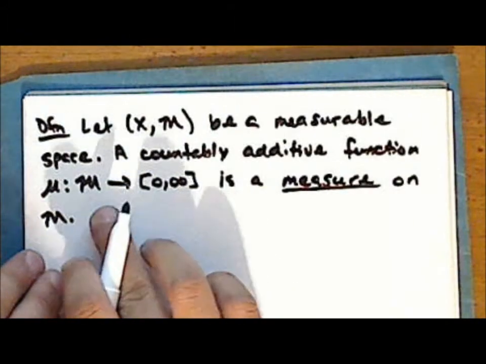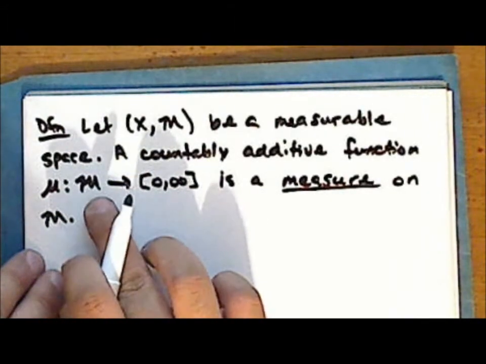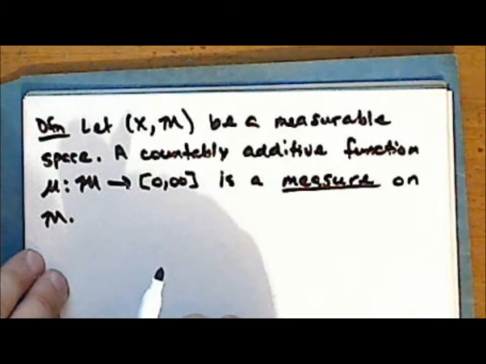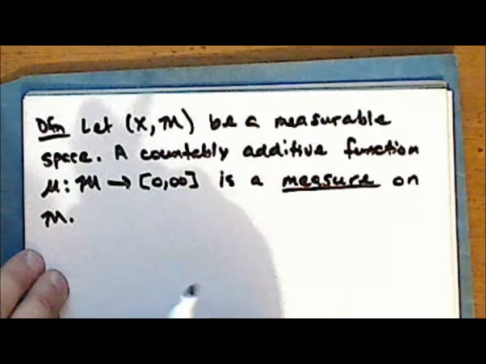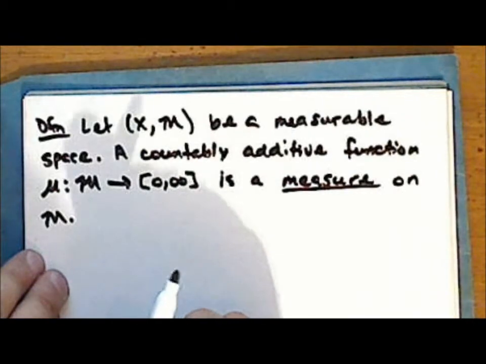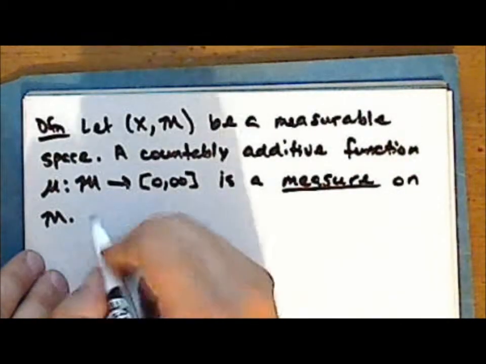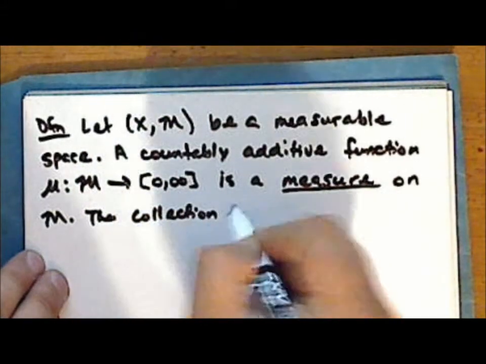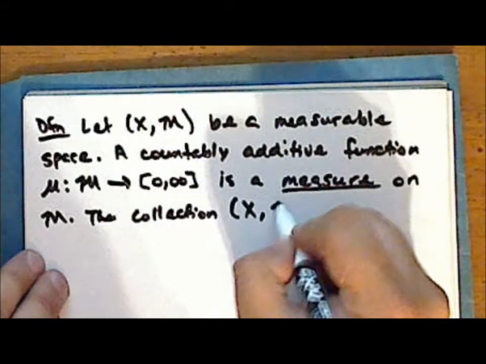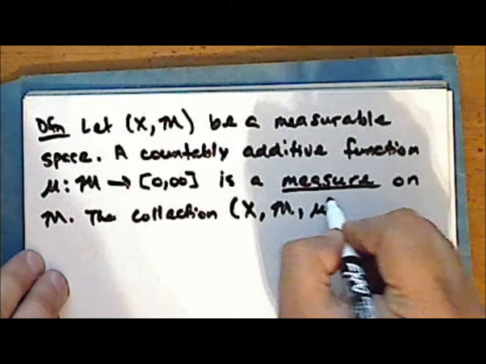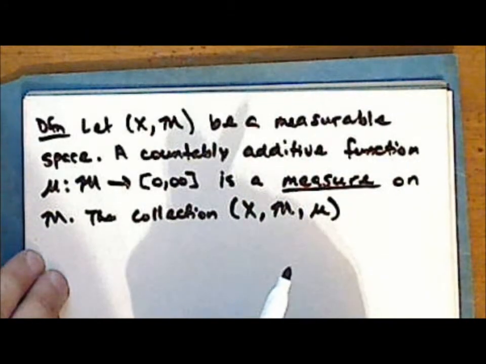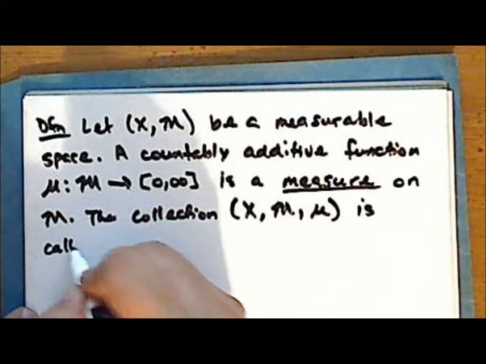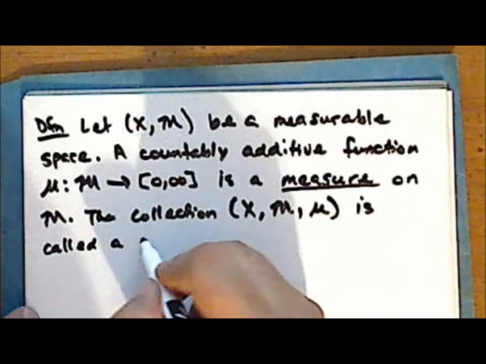So notice in particular that this is a function from the sigma algebra, not the underlying set, into the non-negative subset of the extended real line. And the collection consisting of the set, the sigma algebra on that set, and the measure defined on the sigma algebra is called a measure space.